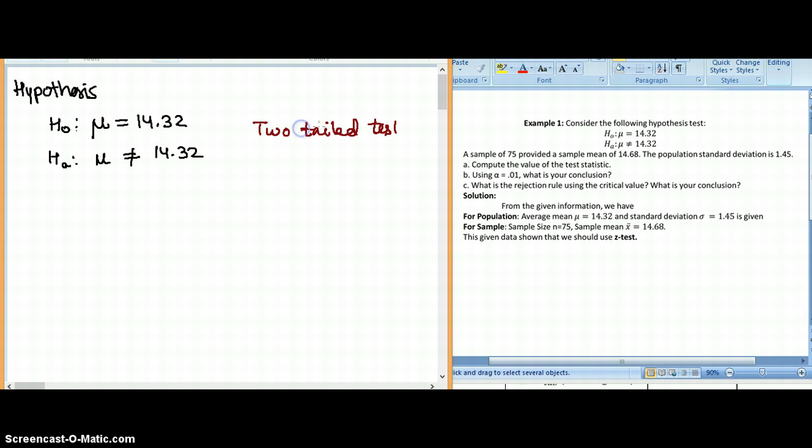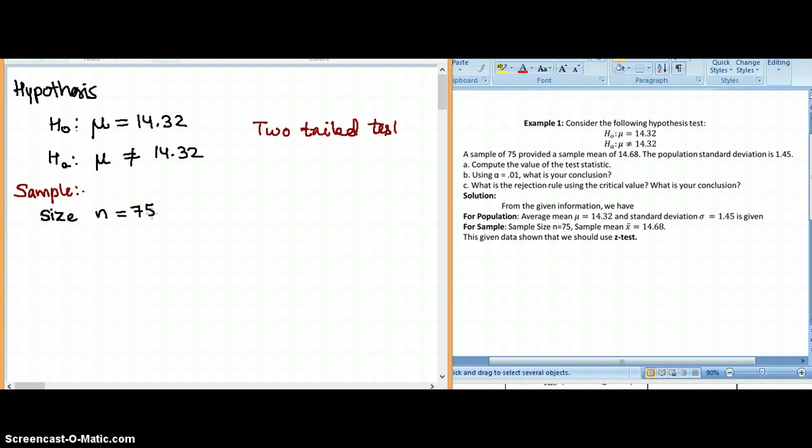Now, what else is given? They are talking about sample. A sample of 75. So first write it down. From sample, what is given? A sample of 75. It means they are talking about the size of sample. The sample size we denoted by n is given to be 75.